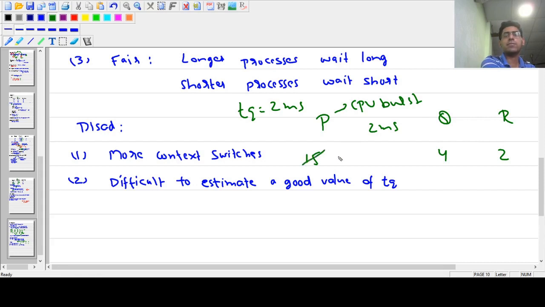P's remaining time will be 13, and there will be a context switch to process Q. Then its remaining time will be 2. Then there will be a context switch to process R. Then its remaining time will be 0. Then a context switch to process P, remaining time 11. Then context switch to process Q, remaining 0. So there will be n number of context switches in comparison to first come first serve or shortest job first.